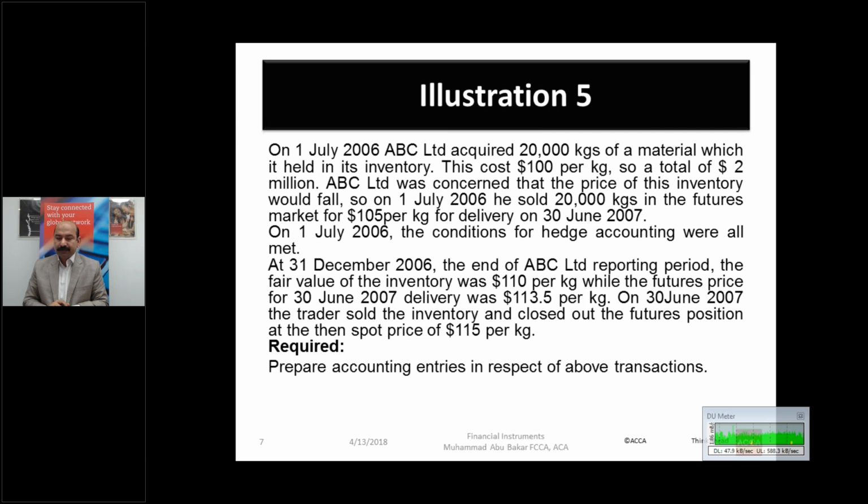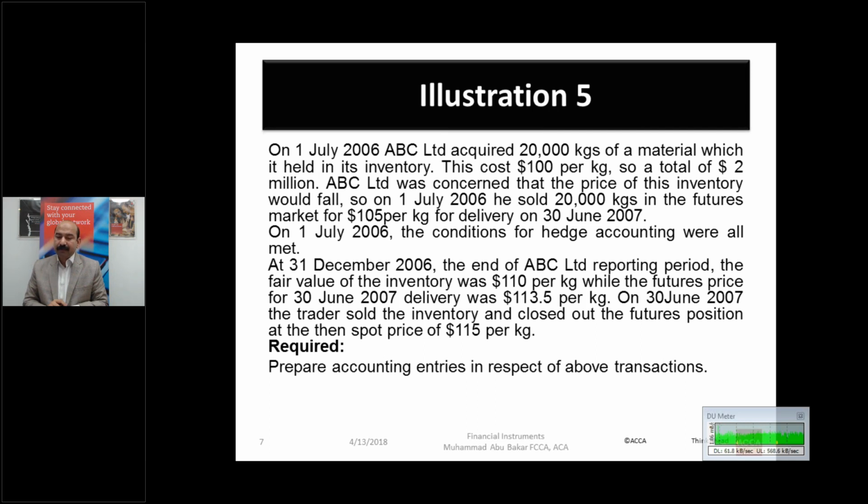So on 1st July 2006, the entity sold 20,000 kgs in the futures market. So they sold it in the futures market for $105 per kg for delivery on 30th June 2007. On 1st July 2006, the conditions for hedge accounting were all met.